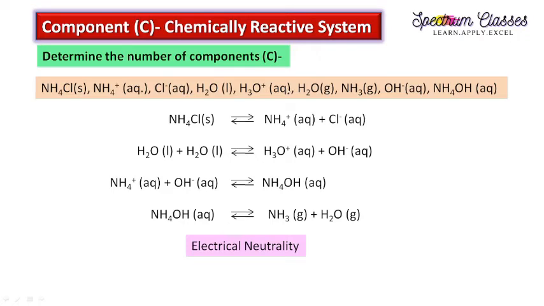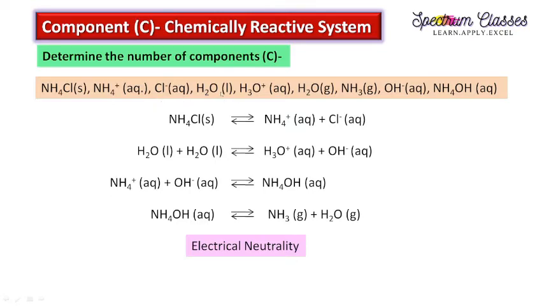One more important thing I bring to your notice is that some of you may also write an equation like H2O liquid reacting with Cl minus to form HCl and OH minus. But from the many texts, literature and examples I have gone through, only follow the species which are given in your question.